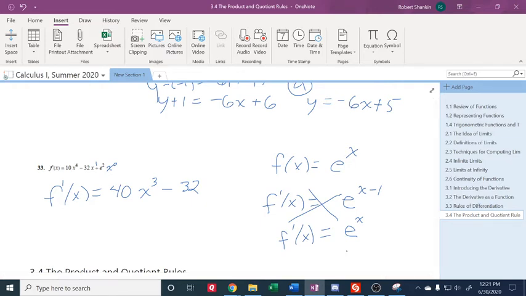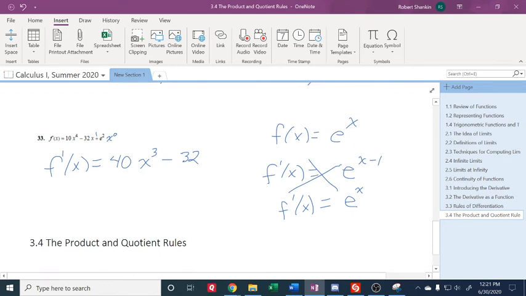You don't change the exponent, you don't dial it down by 1 or anything like this. Exponential functions are crazy ones like this. They just have a very different rule. And we haven't gone into much as to why this rule is like this. But derivative exponential functions, so far we can only do exponential functions with a base of e. And then if it's just e to the x, we get e to the x.